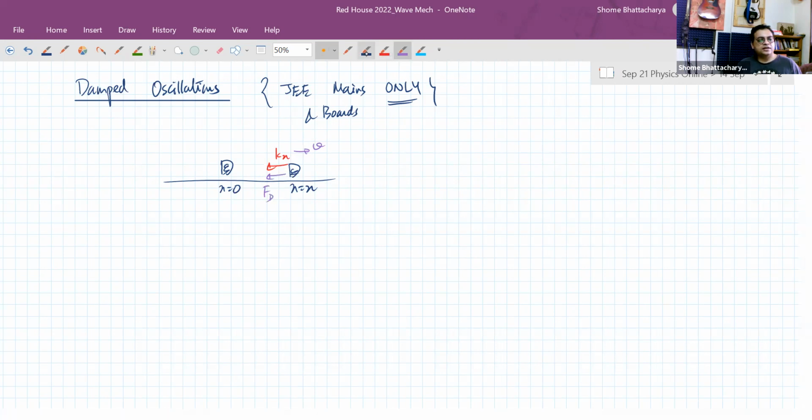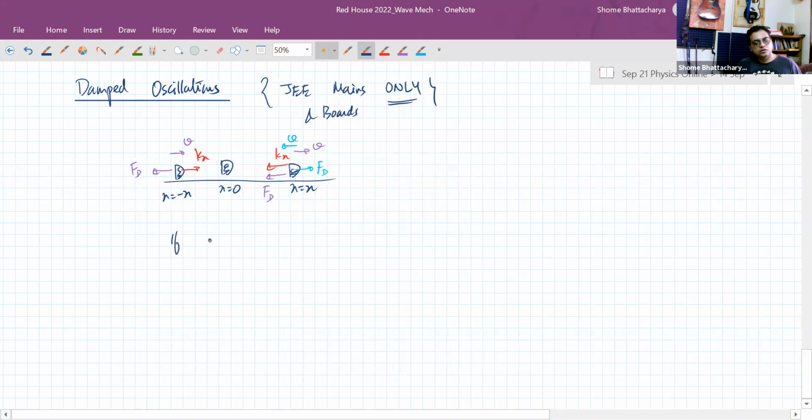On the other hand, if the body is here, then the restorative force is still like this. But along with that, suppose it's moving in this direction, then the damping force will be in this direction. Suppose in this diagram also, it's moving in this direction towards the mean position, then the damping force will be opposite to that.